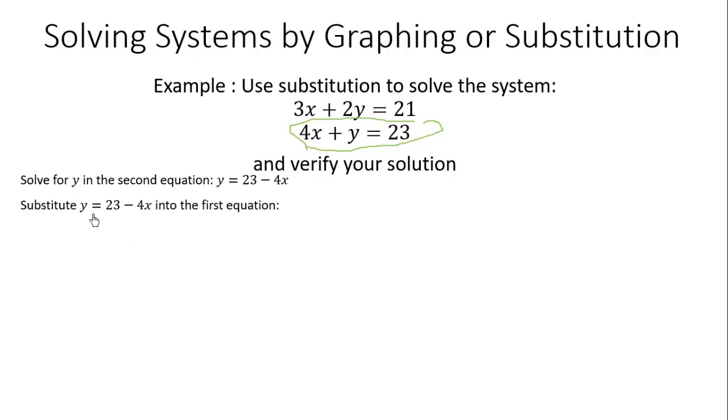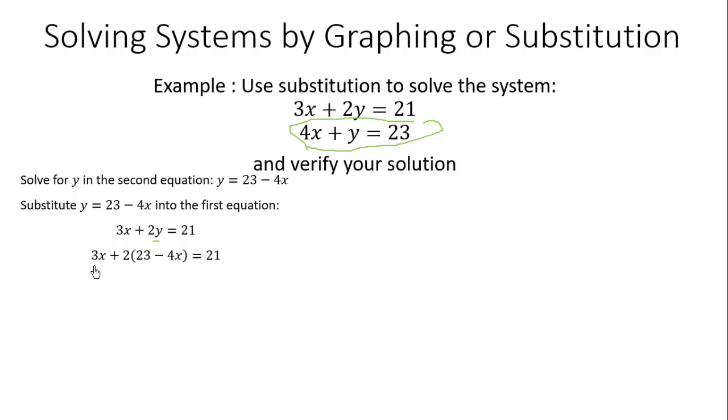We substitute y equals 23 minus 4x into the first equation, because we solved for y in the second equation, so we must put it into the first equation, and that will give us this expression. So this is the first equation.